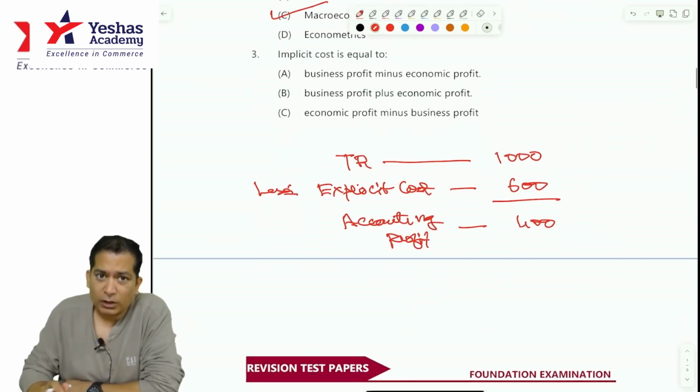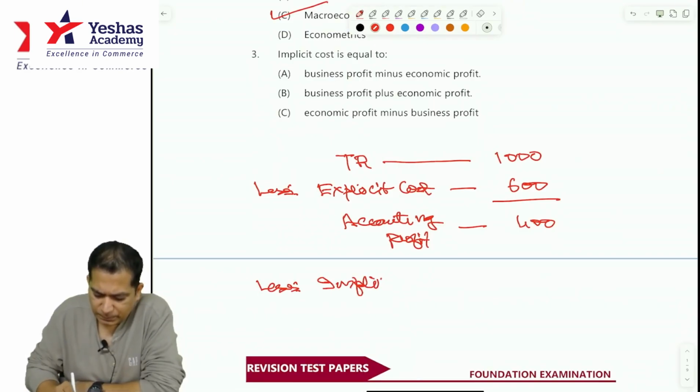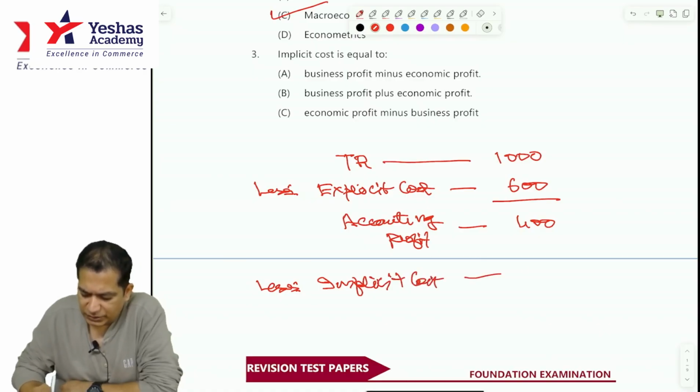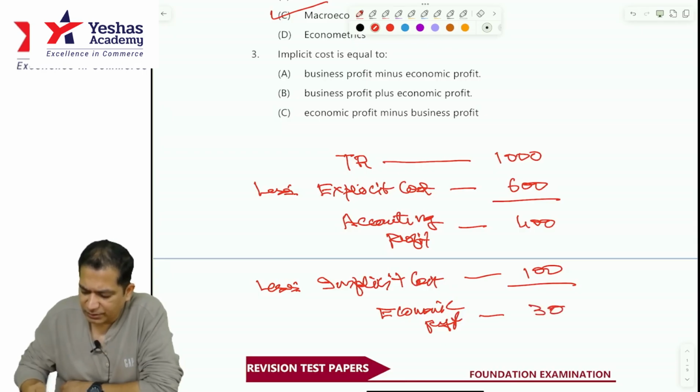And if we deduct implicit cost, let's say implicit cost is just rupees 100, then you have what is known as economic profit, an economic profit of rupees 300.